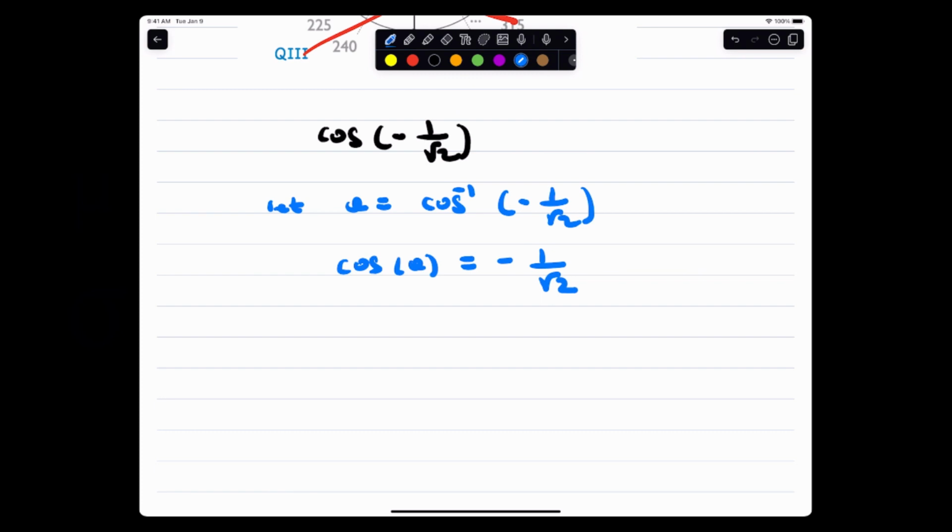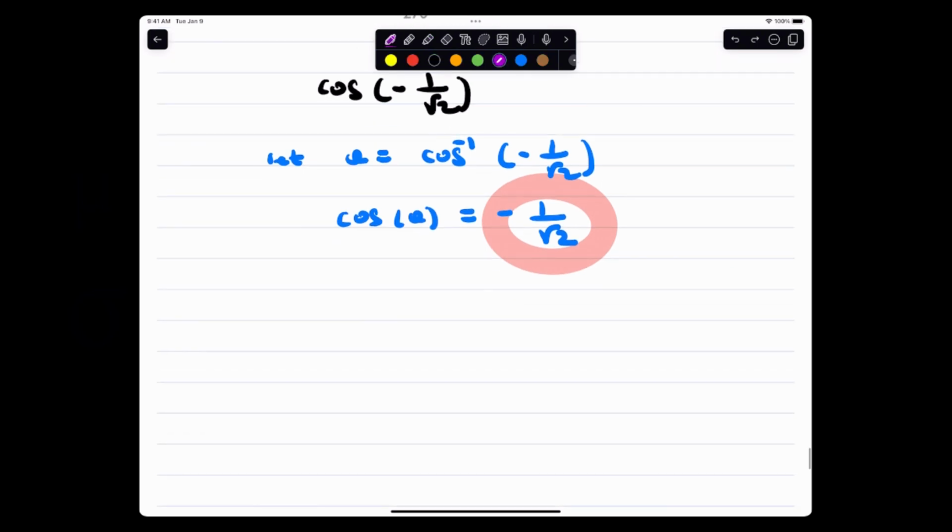And I'm going to point out to you, this value is negative. Is that right? So in theory, you do the same process. You say go to the what again?